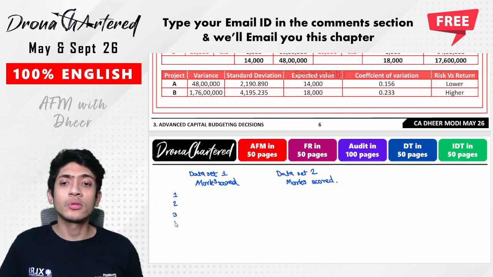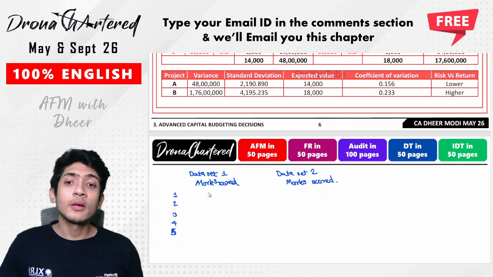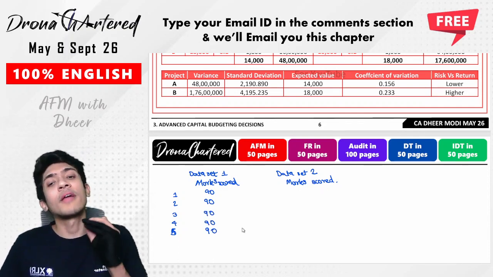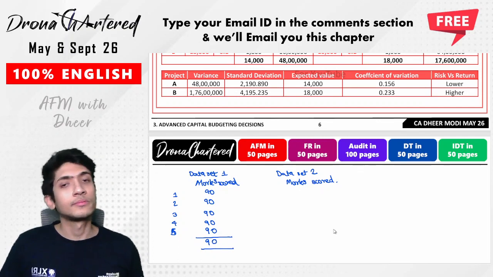Student 1, 2, 3, 4, and 5. Okay. In data set 1, the marks scored out of 100 have been 90, 90, 90, 90, and 90. Assume everybody has scored 90 marks. Tell me what will be the average of this data set? It will be 90, correct?